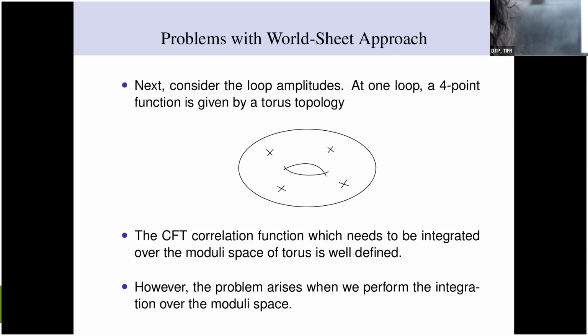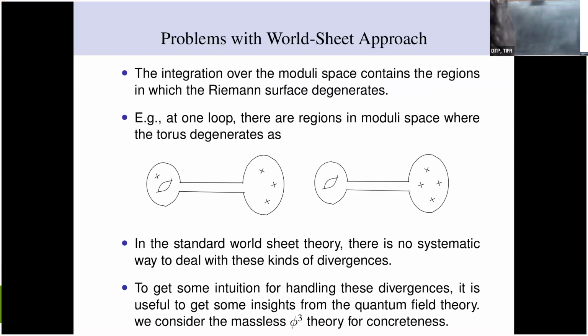So at one loop, say consider this torus diagram, and for the 4-point function, you have to insert these 4 vertex operators, and the CFT correlation function which needs to be integrated over this moduli space of the torus is well defined in this case. But the problem arises when we try to perform the integration over the moduli space.